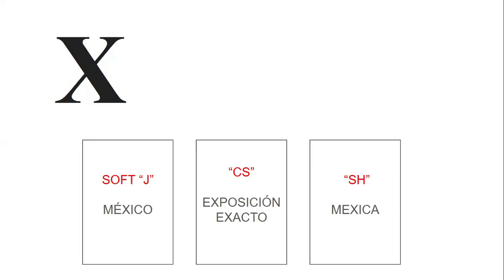The second pronunciation will be like x. Exposición, exacto. It's like in English, ex-husband, for example. And the third kind of pronunciation will be like a smooth sh. Mexica. Okay. Those are the three pronunciations of this letter X.